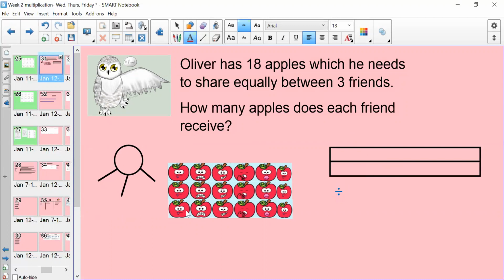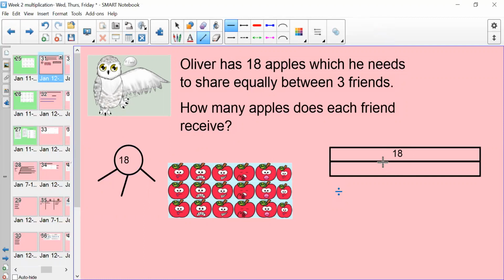Okay, well done. So with division, the first thing I would do is draw my bar model or my part whole model. I know that I've got 18 apples, which is my whole number. So that can go in the whole bar or in the whole circle, because we're starting with 18. Then we know it needs to be shared between 3 friends.